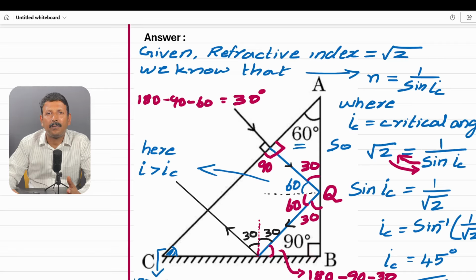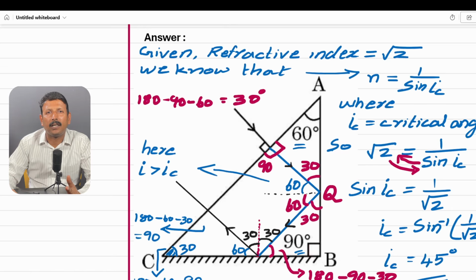So how much is this corner angle? At the mirror point of intersection, you can see that 30 degree, the remaining will be 60 degree. And at the corner point C it is 90 degree, and the total is 180. So 90 plus 60 plus 30 is 180 degree.